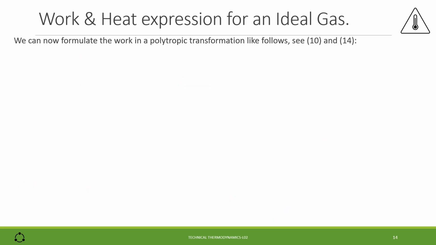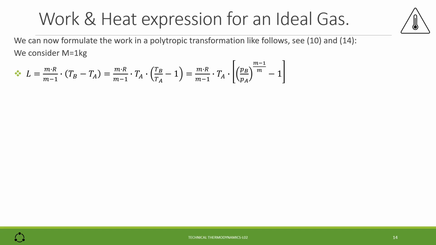We can now formulate the work in a polytropic transformation like follows, recalling the equations 10 and 14. We consider a mass of 1 kilogram to make it simple. The technical work equals the product of m, R and the delta temperature divided by m-1.